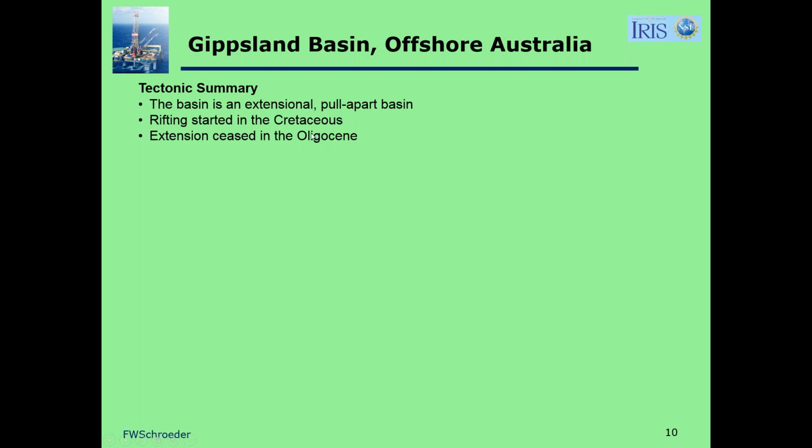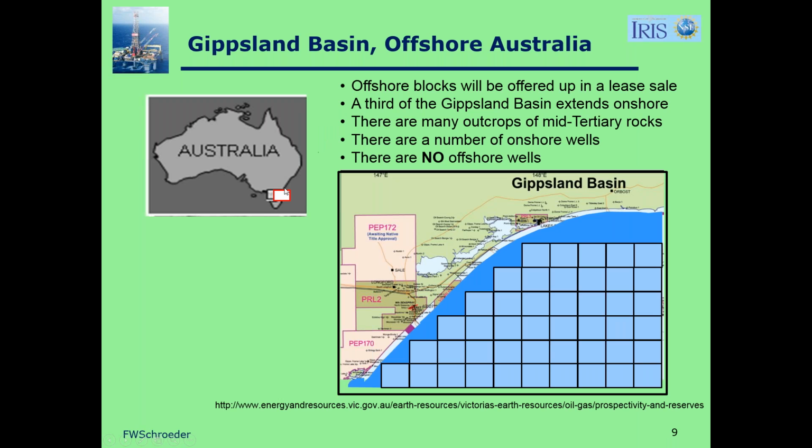Let me go back for a second. There's a triple junction in the area of this white box. There is an extensional rift present day that goes through south of Australia, separating Australia from Antarctica.